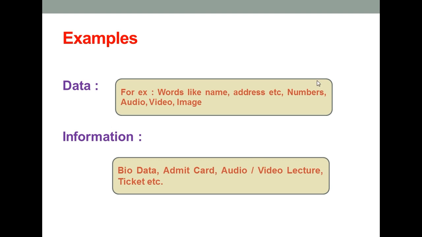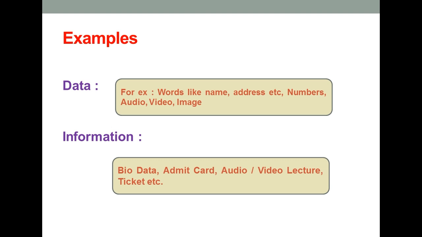Same in the case of audio and video also. For example, you are making a 5 minute video, and you have not given the complete lecture or the complete knowledge to the students. That means your topic is not completed. You are giving only 2 minutes of audio and video.